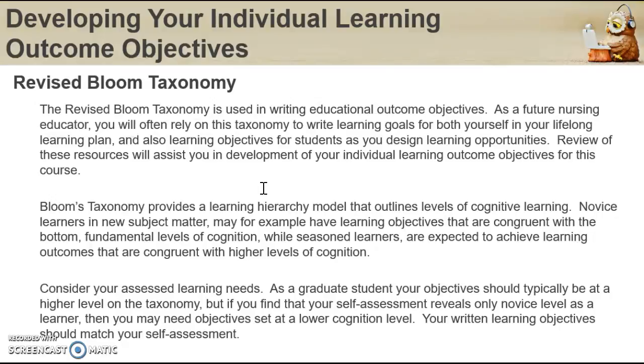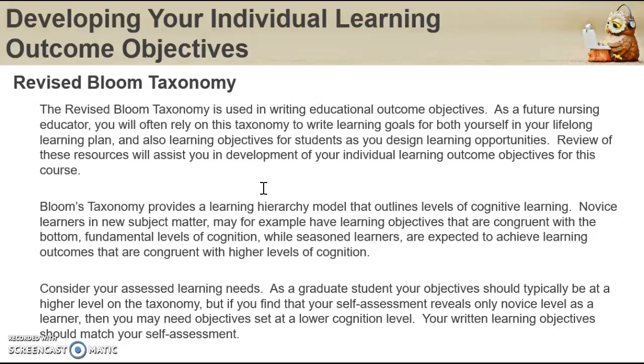Bloom's taxonomy does provide a learning hierarchy model that outlines the levels of cognitive learning. So, for example, if you have a novice nursing student who has not been exposed to a certain clinical area before, then you would not be expecting that person to be at the level of evaluation of care.